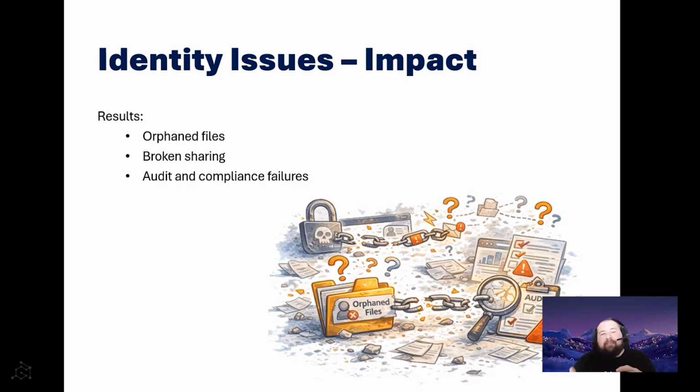Files go orphan, they become incredibly difficult to manage and incredibly difficult to find. And in quite a few cases, orphaned functionality in itself just creates issues on its own. You'll have weird files showing up in your searches. You'll have weird access. Someone might be able to access a file they're not supposed to because it doesn't have an owner, so it doesn't know what permissions to apply. It just sits there aimlessly wondering what to do with itself.